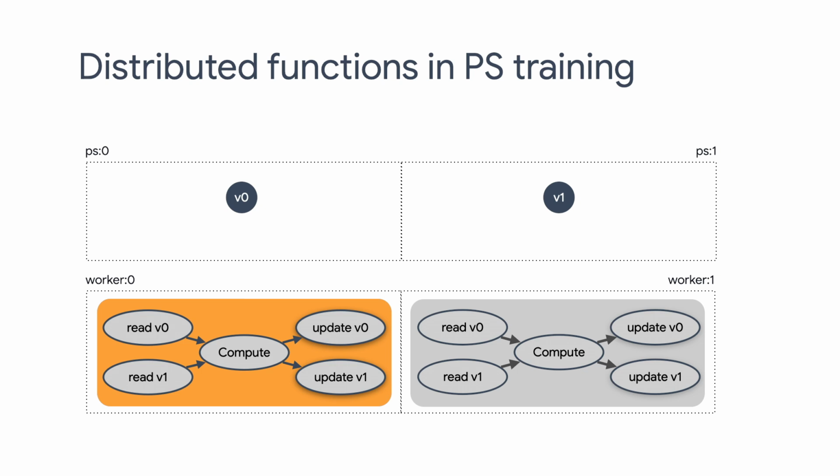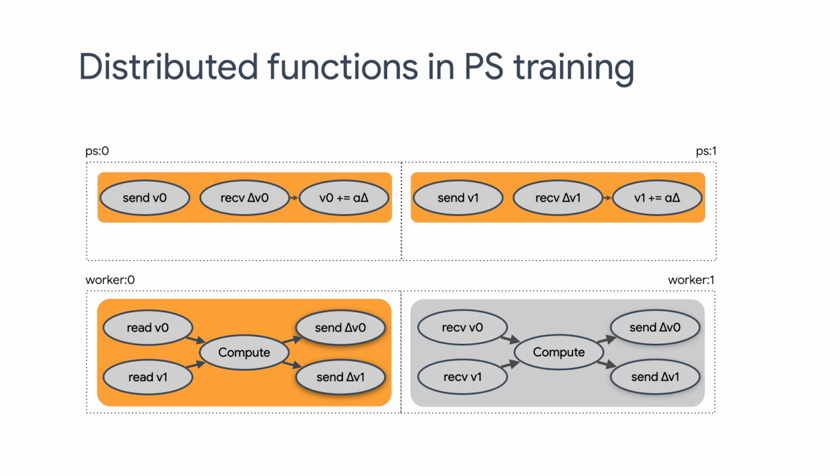In each training step, they both read the latest version of the variables and perform model computation to get the gradients, and finally, the gradients are updated on those variables. Since these variables are actually located on remote tasks of different hosts, the function will need to be instantiated and partitioned as distributed functions, like is shown in this graph.